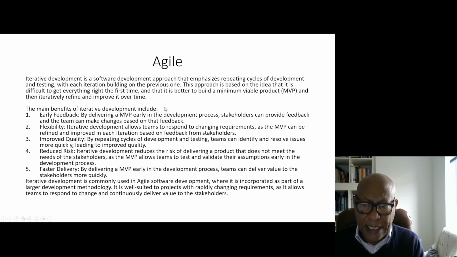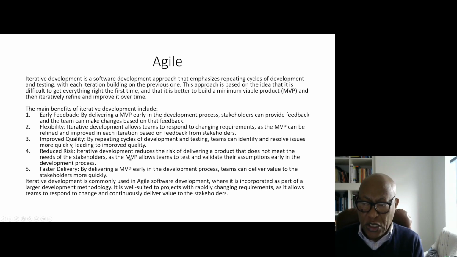So you create a bare minimum viable product, what it looks like, how it functions. So early feedback comes by delivering the MVP early, and then you give feedback based on that. That iterative process continues. It is flexible. It continuously improves the quality of the product by repeating cycles, and reduces risk.